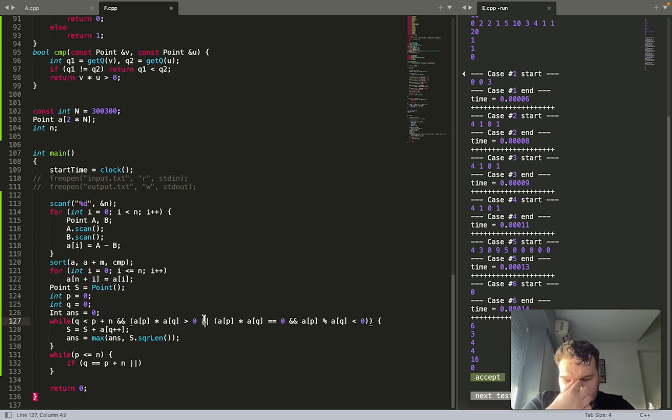Also, there can be zero vectors, which are not great because I don't know how they will be sorted, so I need to remove those. That's just great.